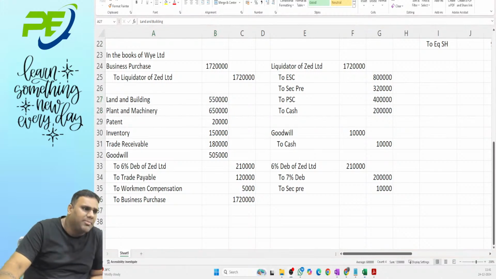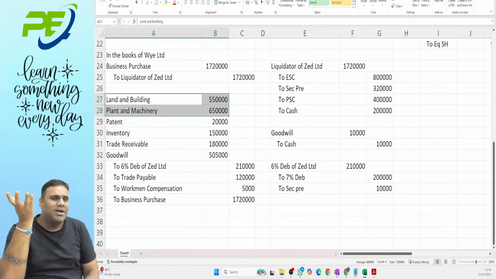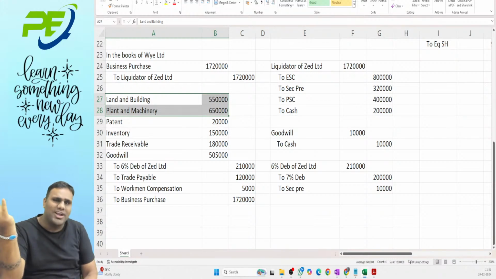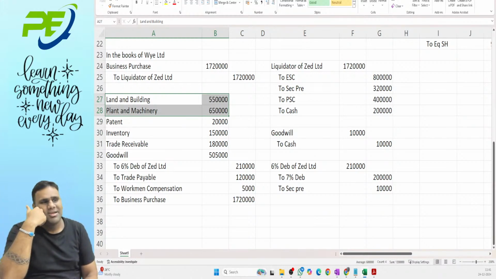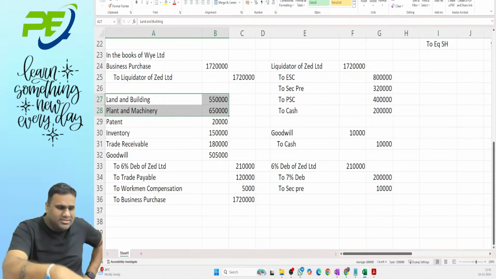Under merger, merger means assets and liabilities should be recorded at book value. But you will forget, I am sure. So I gave this.